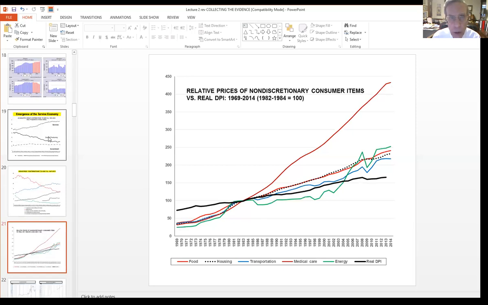After we've paid those, we have less in our budget for the things that we would like, such as vacations, a new car, new clothing, a nice dinner out on the weekend. So our discretionary spending power has been coming down, and that's because non-discretionary expenditures have gone up faster than our take-home pay.